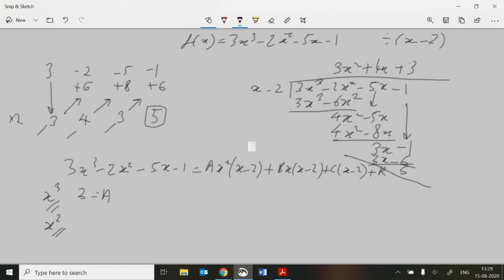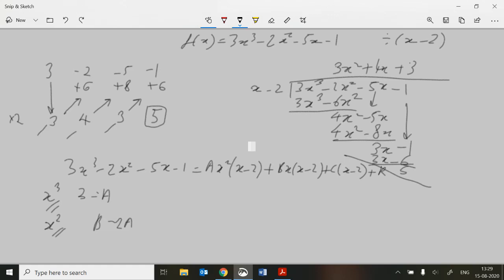Well, when we look at x squared, we can see that there's two ways of getting that. You can do ax squared times by the minus 2, so that's minus 2a lots of x squared. But we can also get out on this side bx squared.